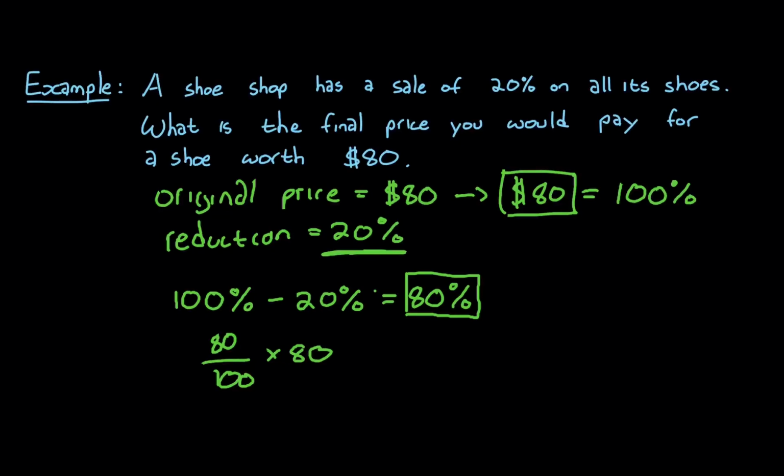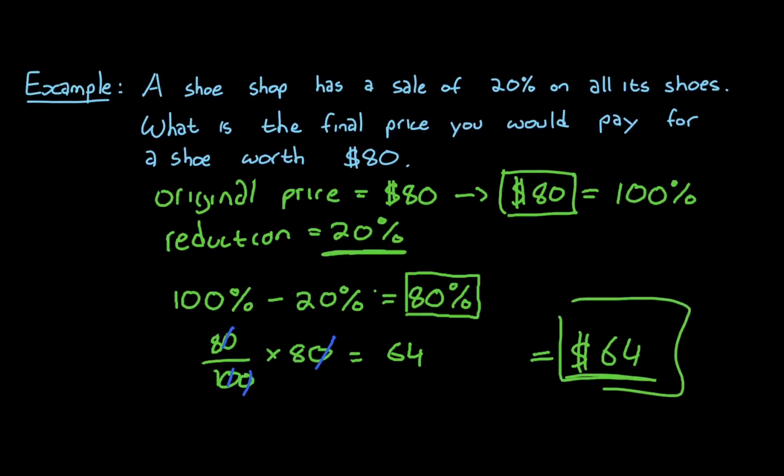Let's cross out the zeros, and you get 8 times 8 is 64. You can see that this 64 is the exact same number we got in the previous way of doing it. So this is what you're going to be paying.